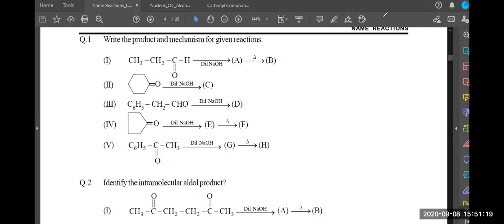I hope that question number 1 would be easy. I hope that 1 and 3 would be easy, as well as the 5th one. Actually, 2nd and 4th are also easy if you have actually practiced. All of them would be easy. But 1, 3, and 5 you have already practiced, I guess.